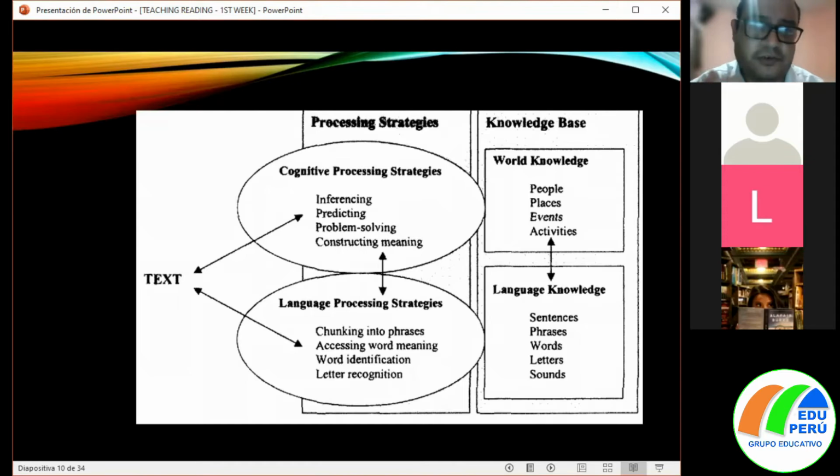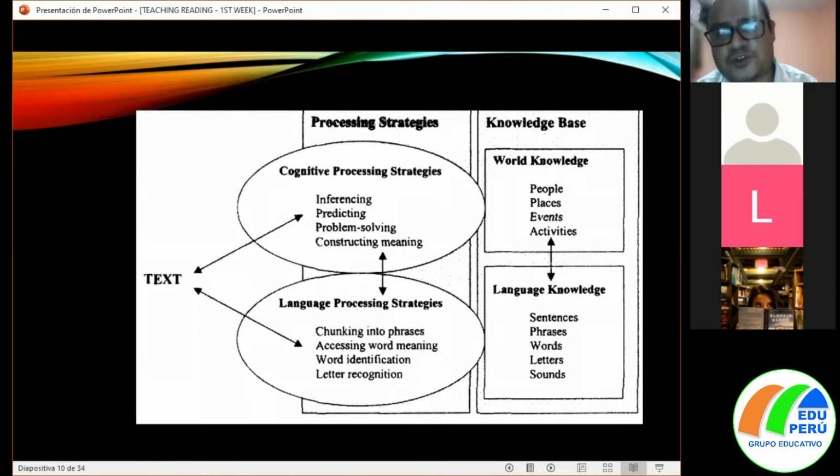In a quick reading or fast reading, we use scanning and skimming. But notice here that we're going to use other strategies. In the cognitive processing strategies, we're going to use inferencing, predicting, problem solving, constructing meaning.